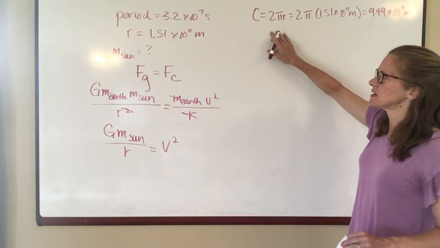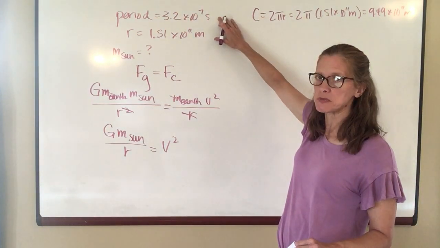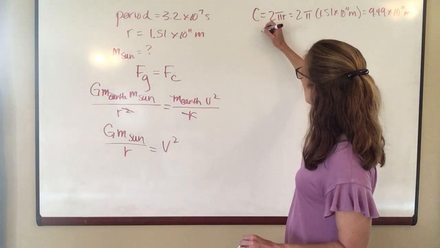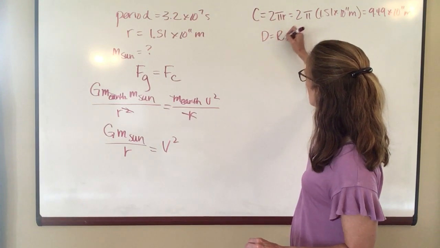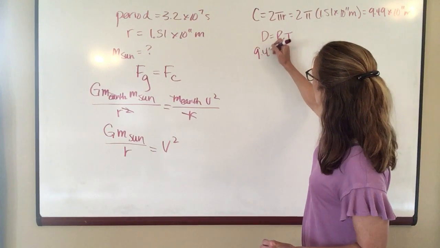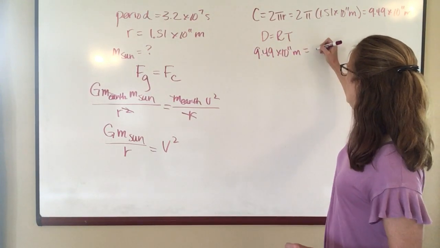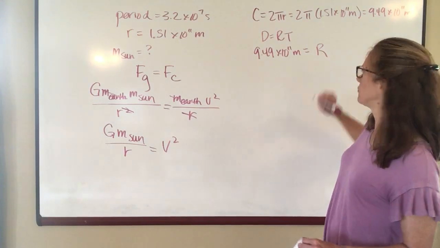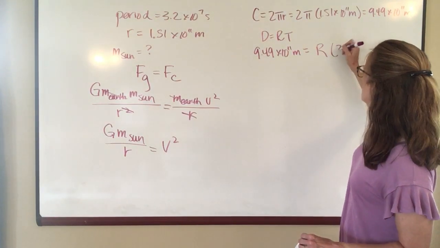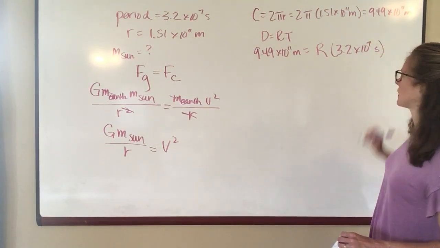There's the distance. The time it takes to get all the way around is 3.2 times 10 to the 7th seconds. So if I use my distance equals rate times time equation again, the distance is 9.49 times 10 to the 11th meters. I don't know the rate, that's what I'm trying to find, but the time is 3.2 times 10 to the 7th seconds.